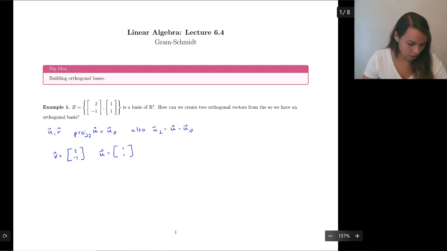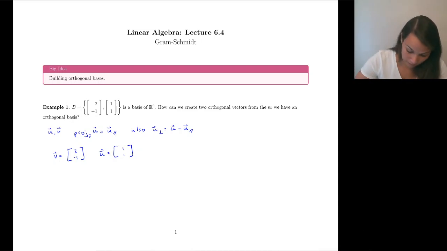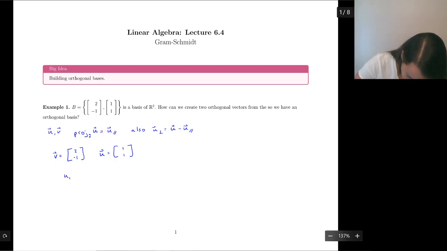Let's look for u parallel. So u parallel is equal to the projection of u onto v. That's u dot v over v dot v, all times v.